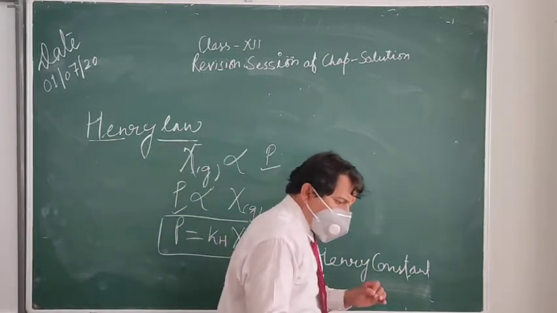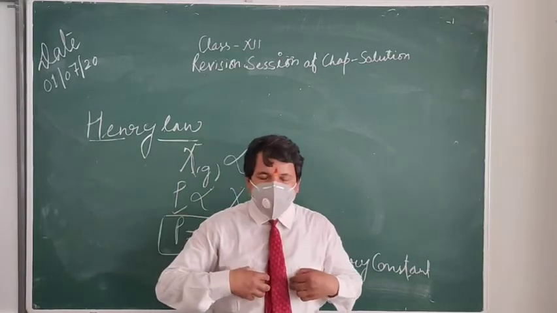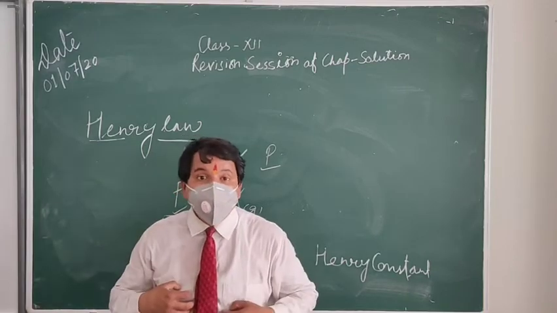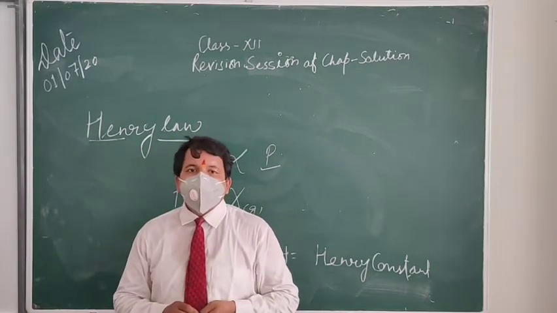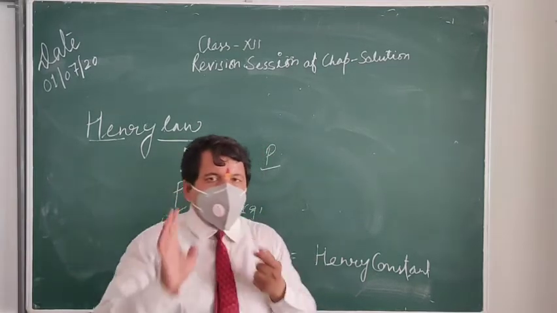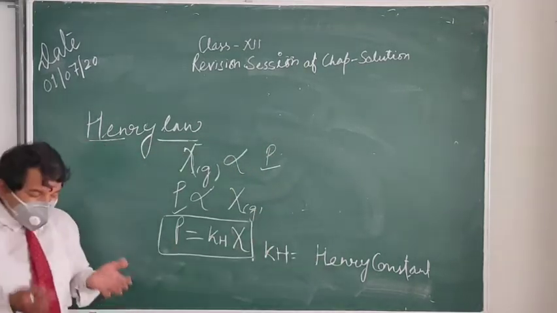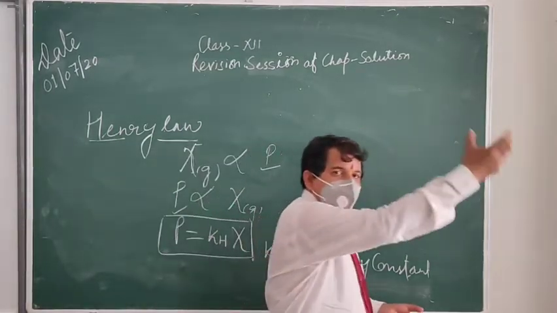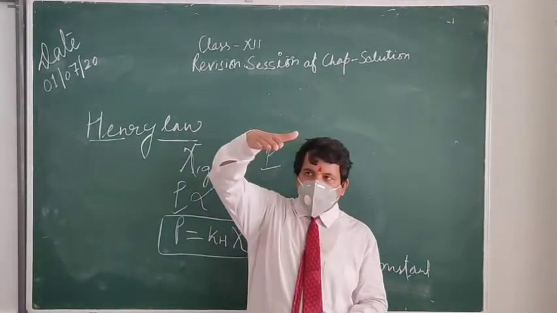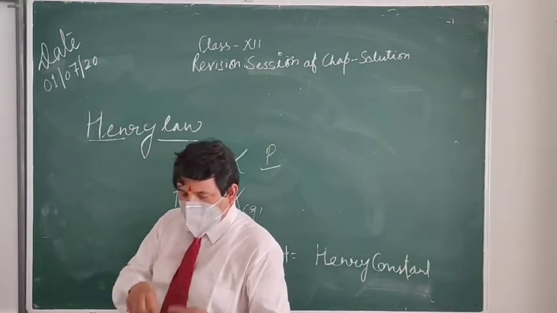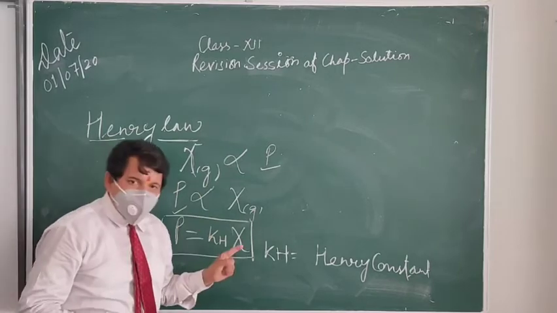Atmospheric pressure is too low means the solubility of gases in our blood, means the oxygen solubility, will decrease, due to which there is a problem of anoxia. The problem of anoxia arises in those people who live in hilly areas. Why? Atmospheric pressure is too low, and due to that the dissolving of oxygen in blood decreases.